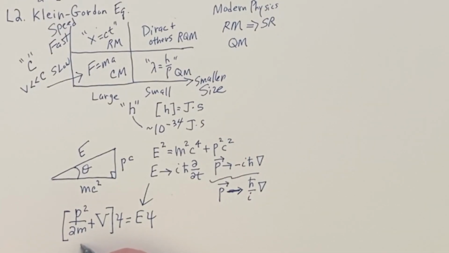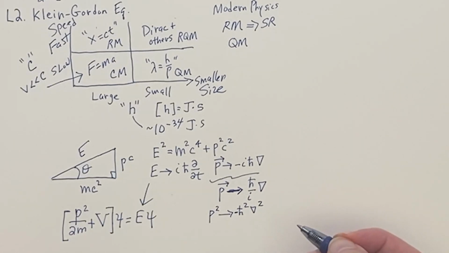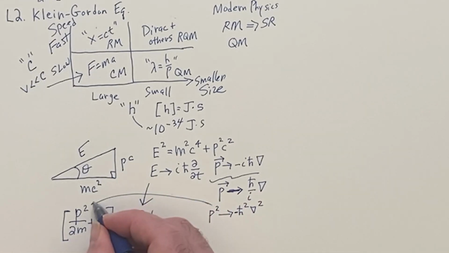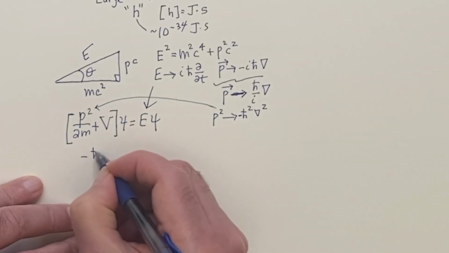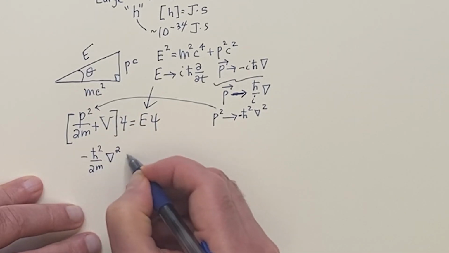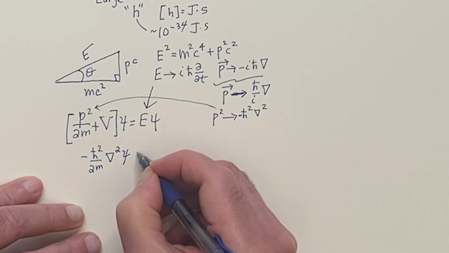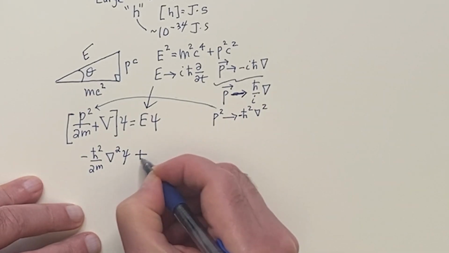In other words, here, to get the p squared, for example, you would square the h bar, you would square this, that's going to get you the minus, and then you would have this operator operating twice. So when that goes in there, you're going to have minus h bar squared over 2m, and this is a review, but we'll find this review important for the Dirac equation.